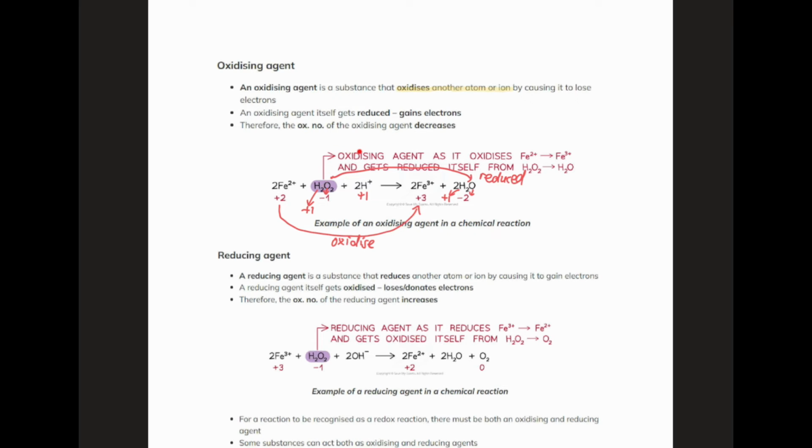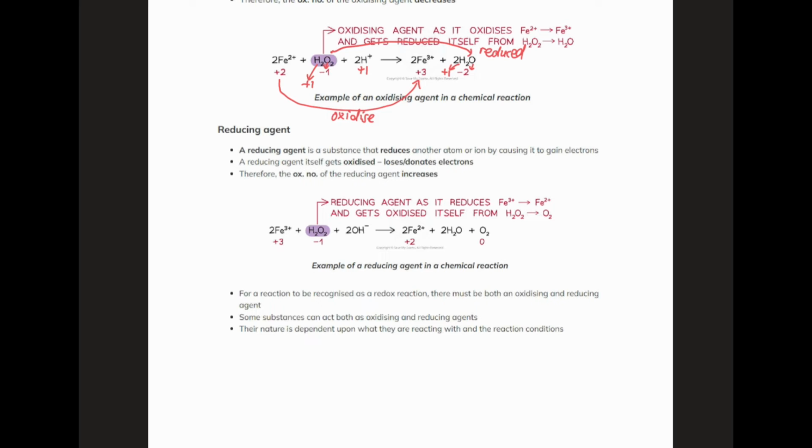You can see here, this is the oxidizing agent as it oxidizes Fe2+ to Fe3+ and itself gets reduced from H2O2 to H2O. You see from -1 to -2, that is reduction. So oxidizing agent. Okay, now let's move on.